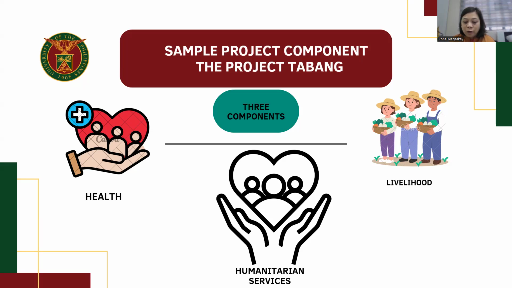Project Tabang also involves microfinancing and provision of skills training and capacity building to qualified beneficiaries. Their two main programs are OBRA, Oplan Bangsamoro Rapid Assistance, and Pag-asa, Pag-akay at Suporta.